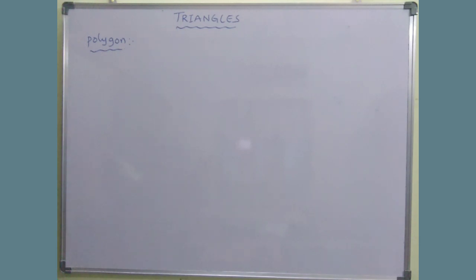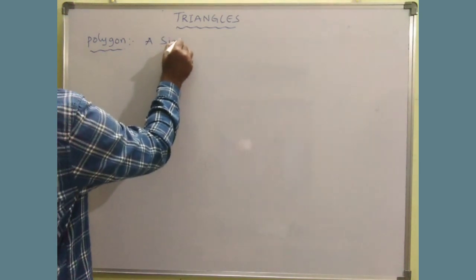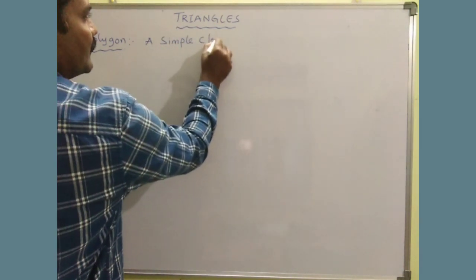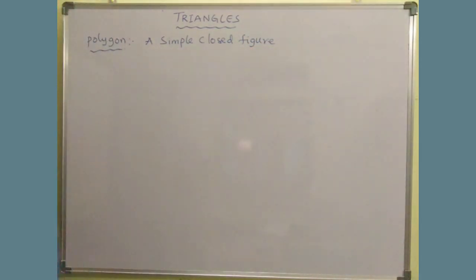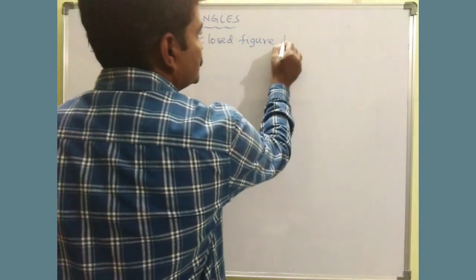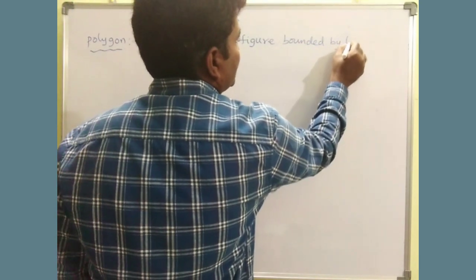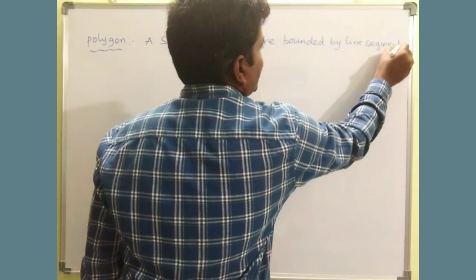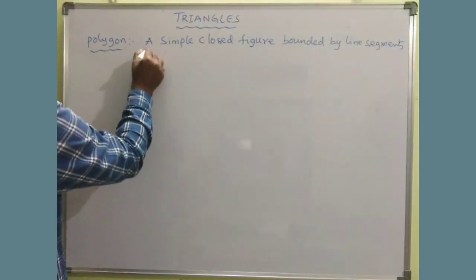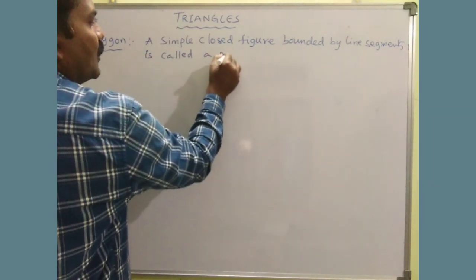See, a simple closed figure bounded by line segments is called a polygon.